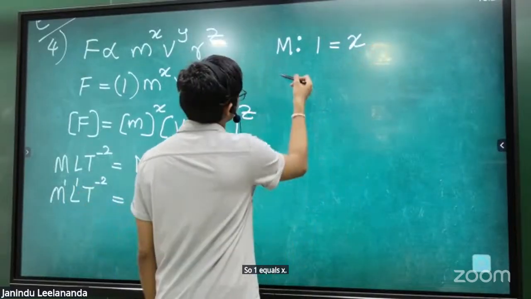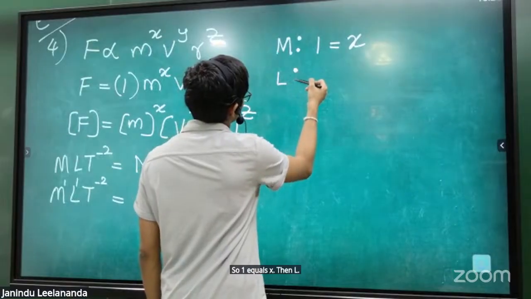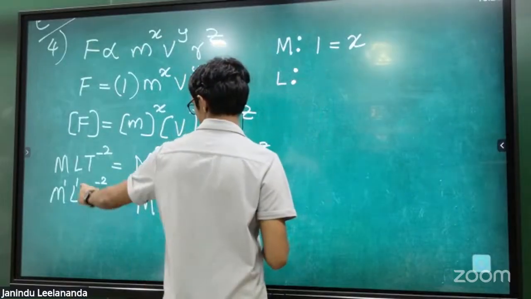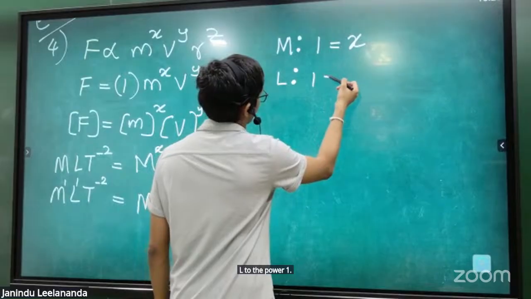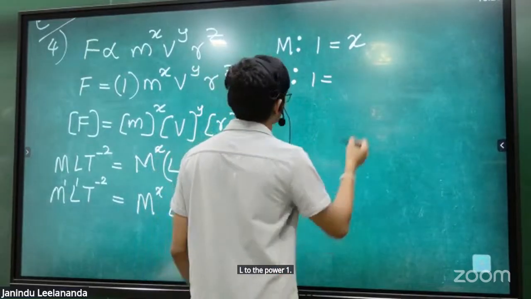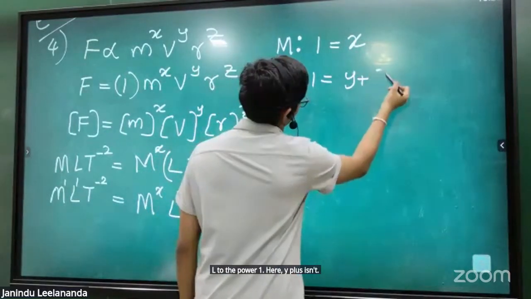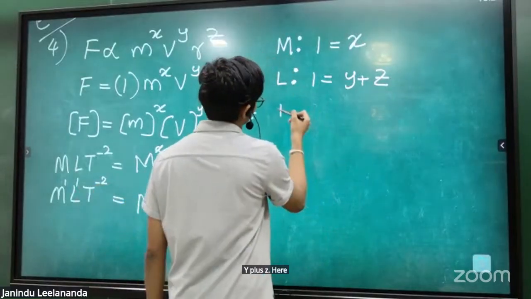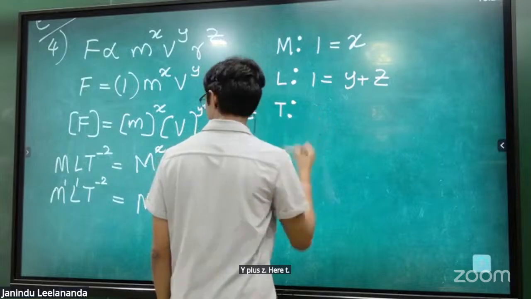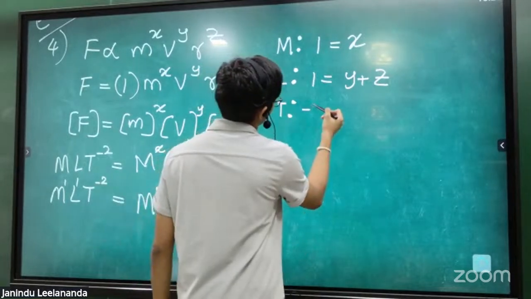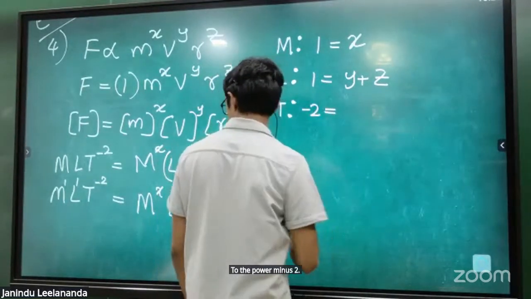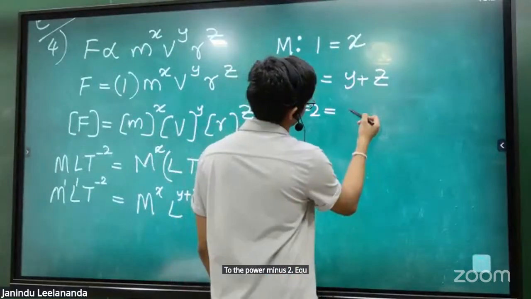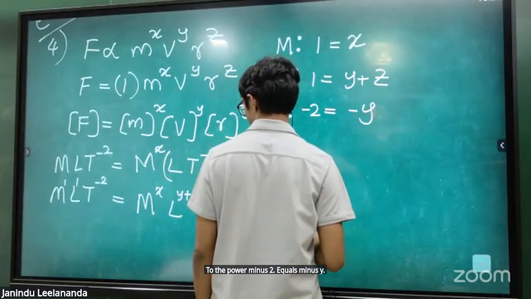Then L to the power 1, here y plus z. Y plus z. Here T to the power minus 2 equals minus y.